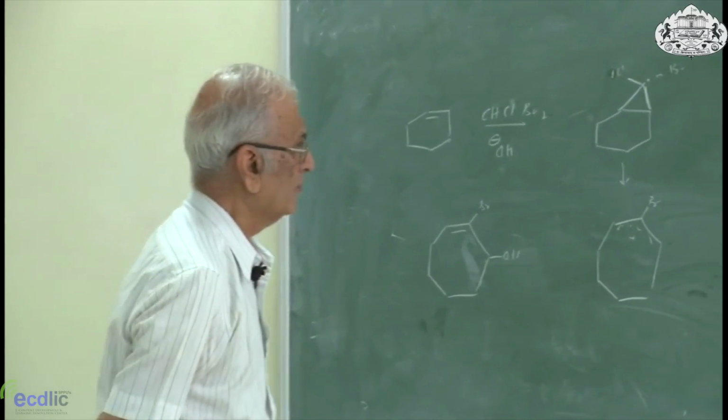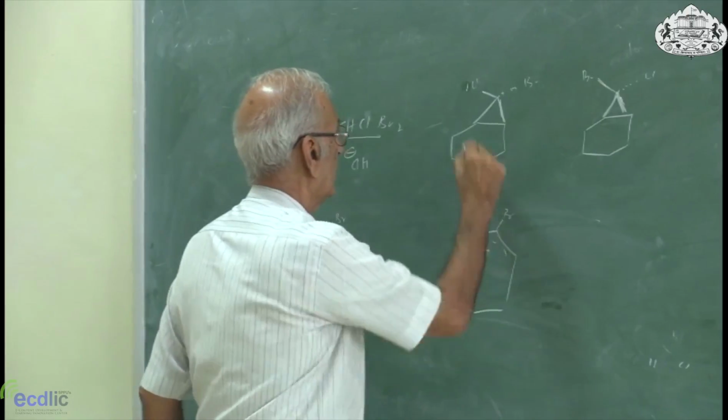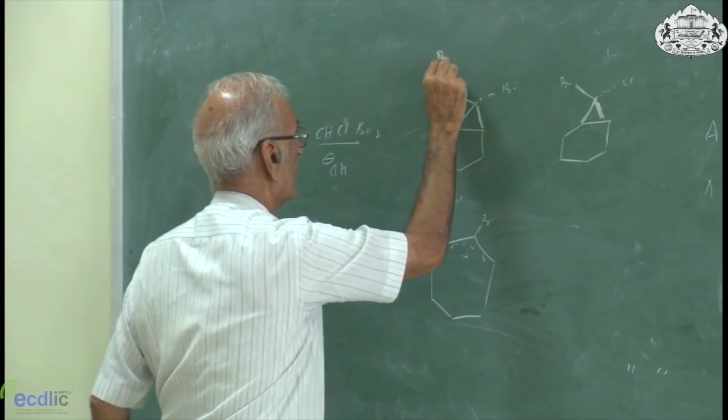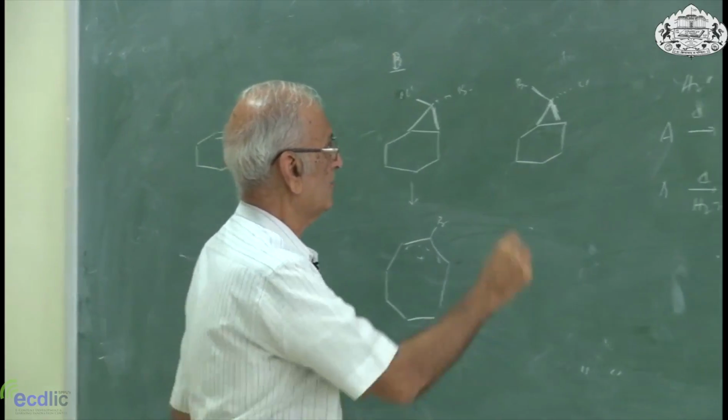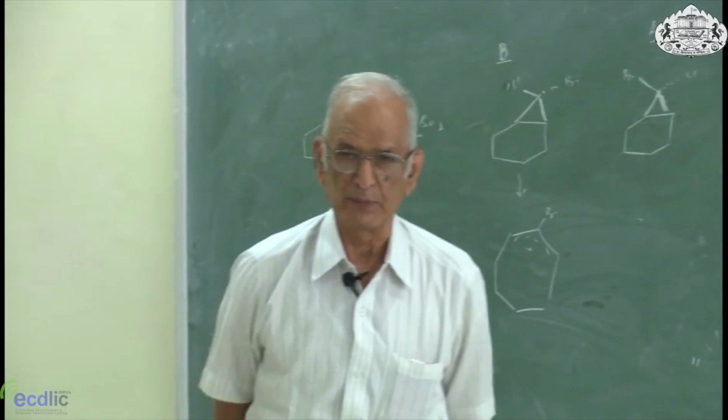So, the one that gives you bromoalcohol must be chlorine endo, and the one that gives you chloroalcohol must have bromine endo.